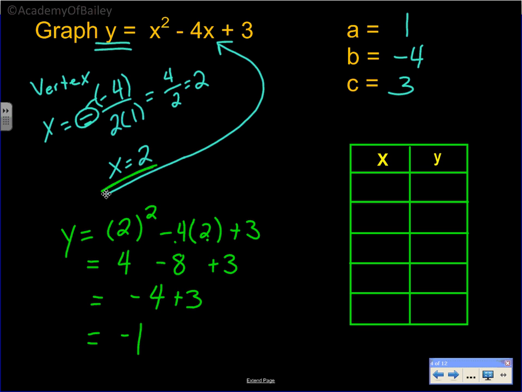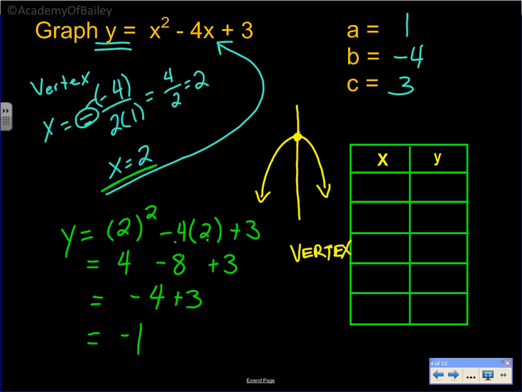So now we want to put the vertex into the table, and it goes into the middle part of the table. The vertex goes into the middle because on a parabola, the vertex is in the middle.